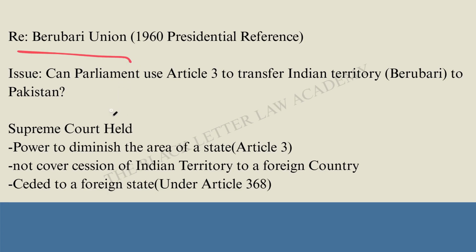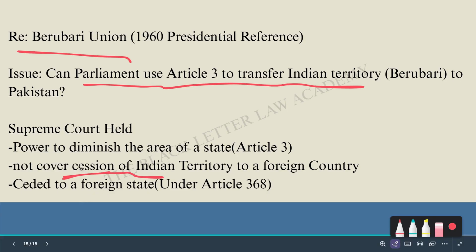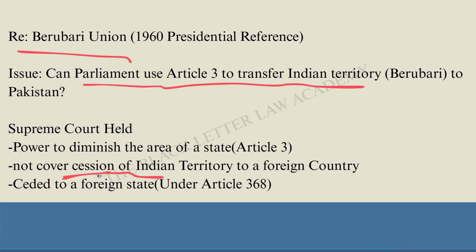The issue before the Supreme Court was this: can Parliament use Article 3 to transfer Indian territory to a foreign territory, namely Pakistan? The Supreme Court clearly held that Article 3 allows Parliament to diminish the area of a state, but does not include the power to cede Indian territory to a foreign country.